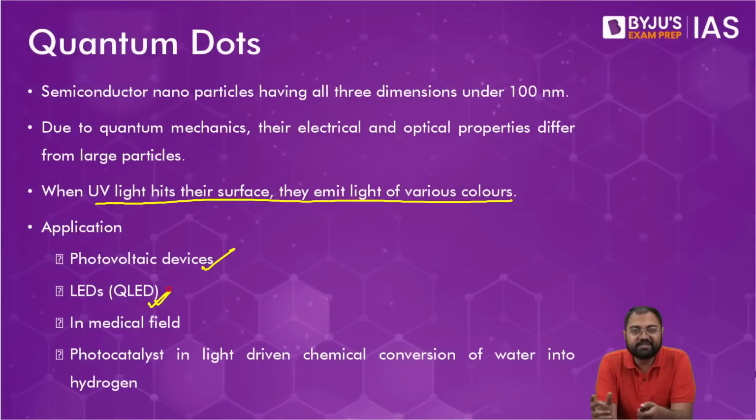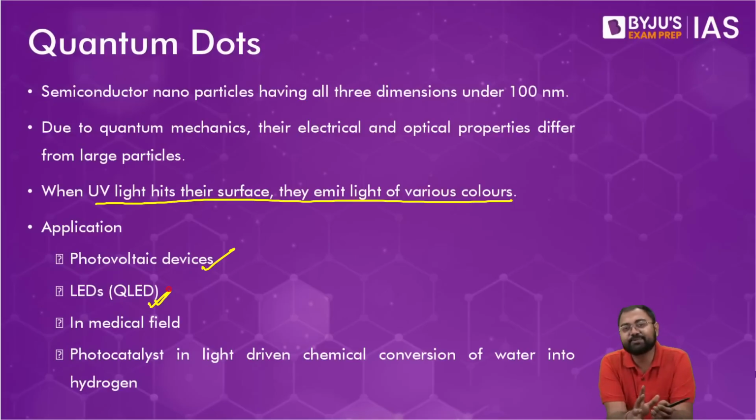So QLED basically stands for quantum LED, where they make use of quantum dots to enhance the contrast of colors that you see on the screen. So that's why when they advertise QLED, they say that you get a better picture, you get better contrast in colors with QLED as compared to your normal LED television. So this is how they advertise QLED.